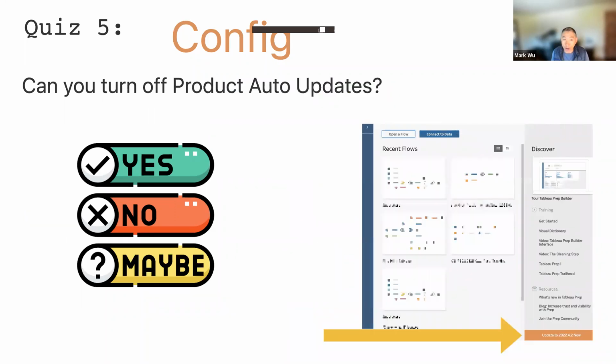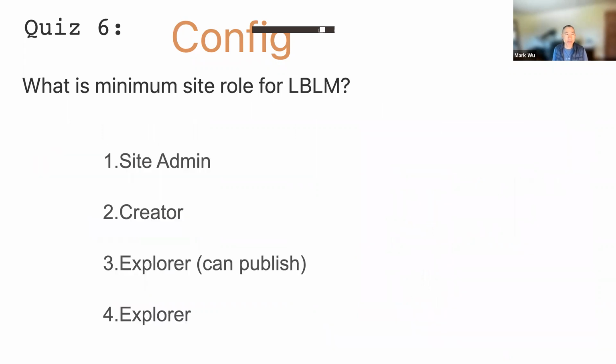Can you turn off product auto updates, no matter whether it's Prep or Desktop? Straightforward, the answer is yes. What is the minimum site role required for LBLM? It's an easy one: Creator.